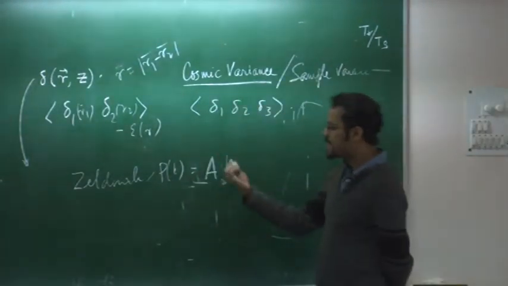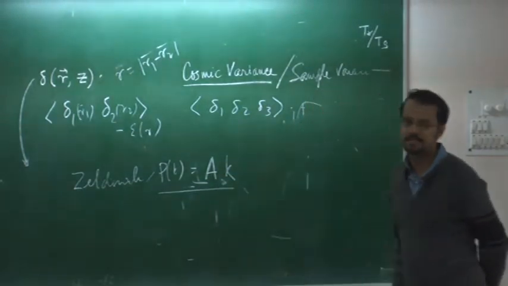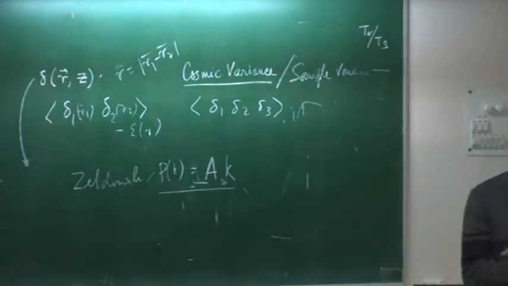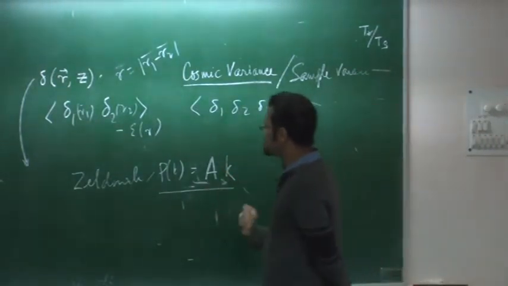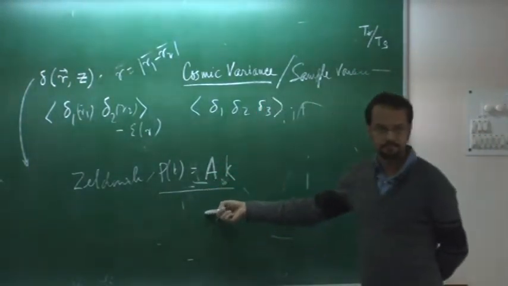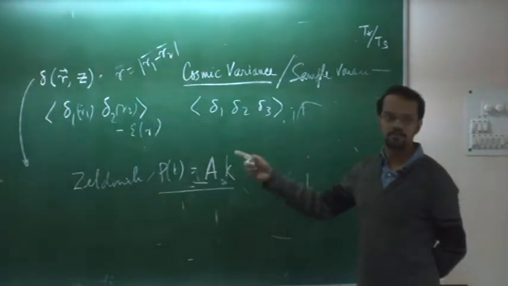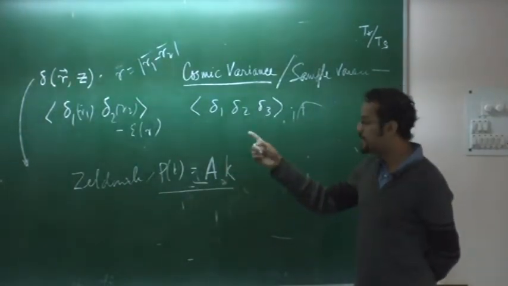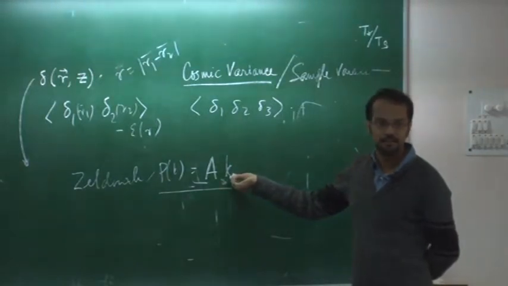So what it says is that the power spectrum is what is called scale invariant. Now we have to understand what scale invariance means. A power spectrum of this form is called scale invariant. It's not that it does not depend on K. Of course, the power spectrum is K. But there is no characteristic scale.